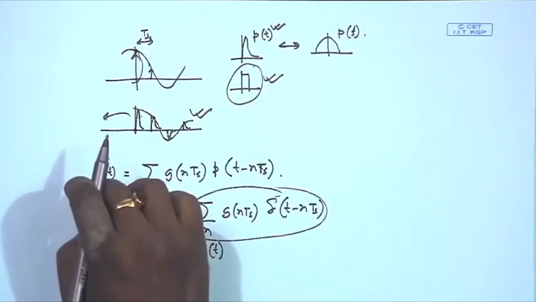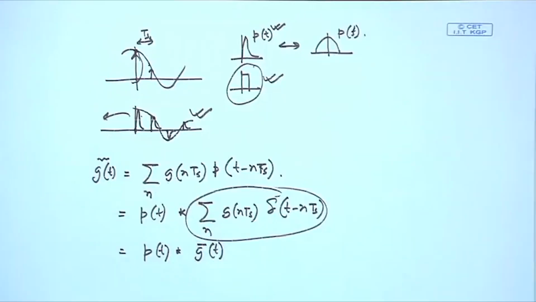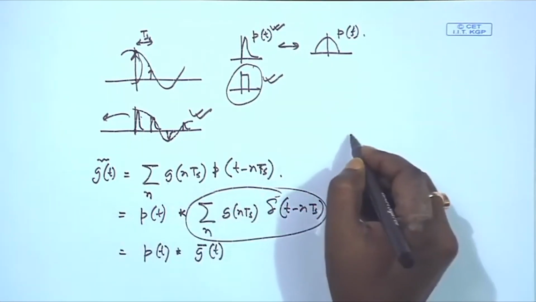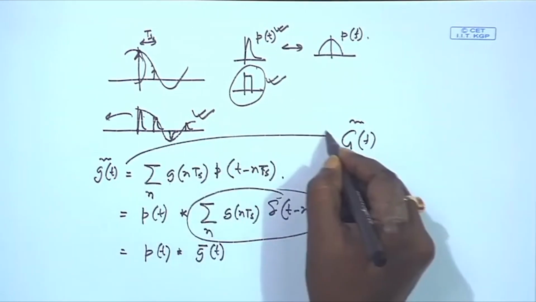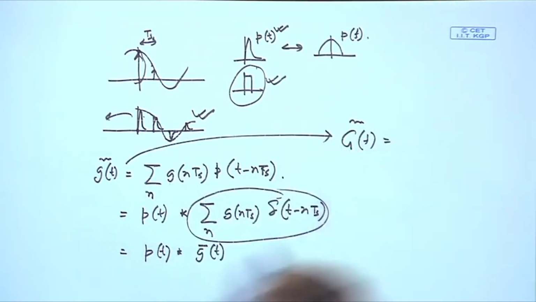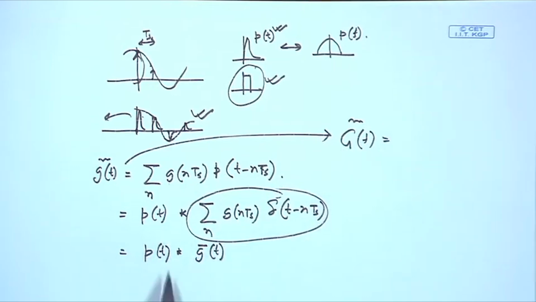No problem in that. Now let us try to see what the corresponding frequency response will be if I do the Fourier transform. Let us call this g tilde f, the Fourier transform of this one. It is convolved in the time domain, so in the frequency domain they must be multiplied. So what was the Fourier transform of this?